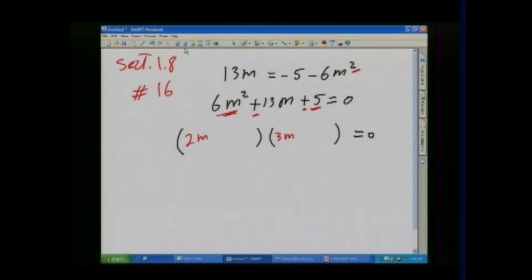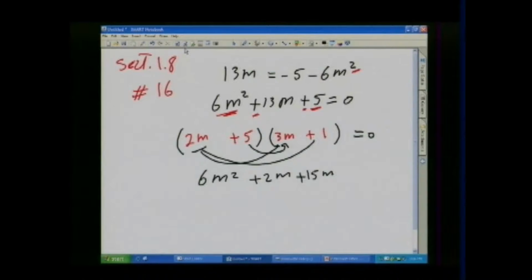Now, where would 5 go and where would 1 go? One way, of course, let's say here you have a plus 5, here you have a plus 1. Let's see what happens when you factor them this way. We multiply the terms. 2m times 3m is 6m squared. We are fine. 2m times 1 is plus 2m. 5 times 3m is plus 15m.